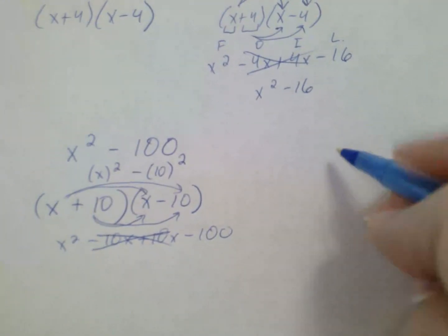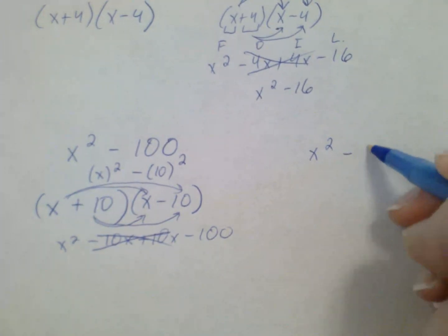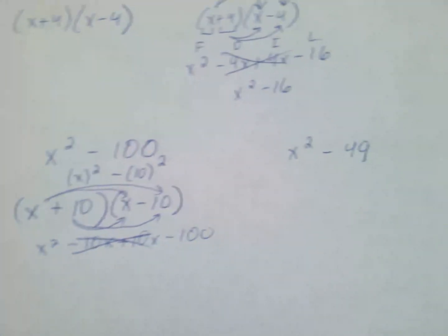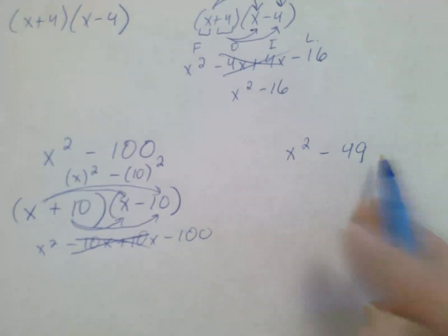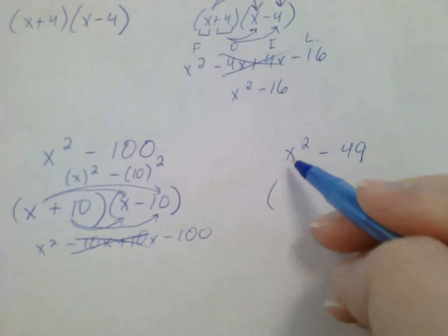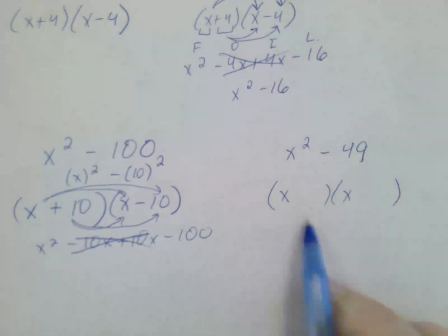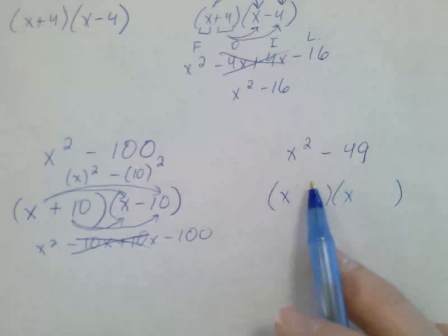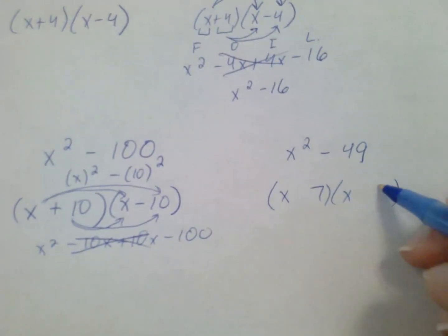Oh, we'll do one more. Let's say it's x squared minus 49. So again, these are perfect squares, a difference of perfect squares. Well, what squared would be x squared? x times x would be x squared. And then what times what would be 49? Well, 7 times 7 is 49.